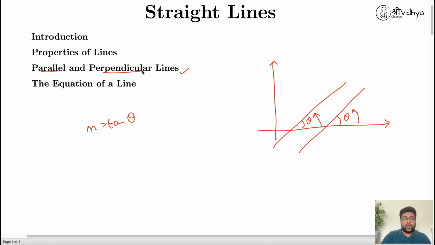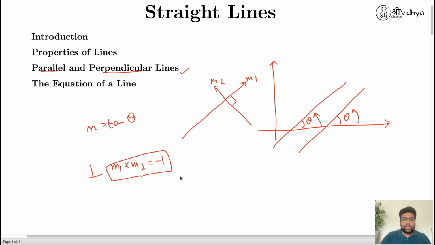And for perpendicular lines, there is a very special relationship. If the lines are perpendicular and their respective slopes are m1 and m2, then for perpendicular lines, m1 into m2 is equal to -1. Or it is also written as m1 is equal to -1 over m2.